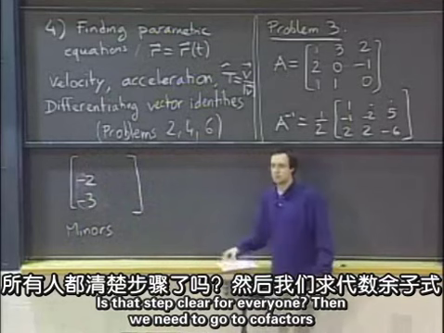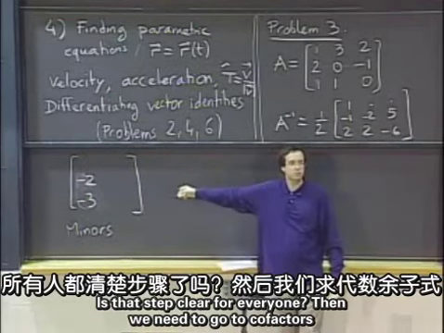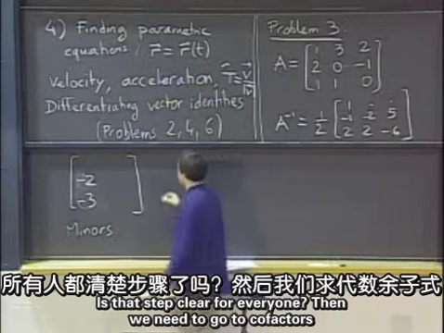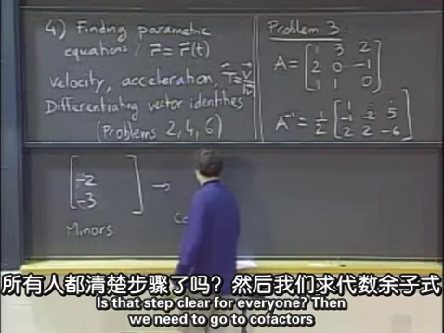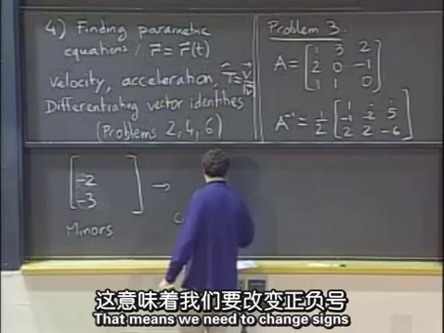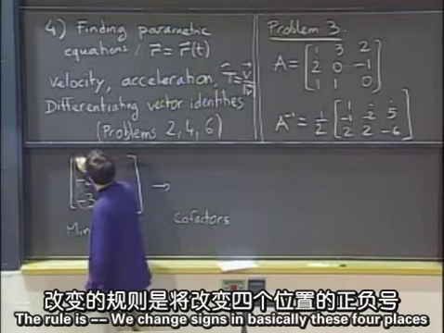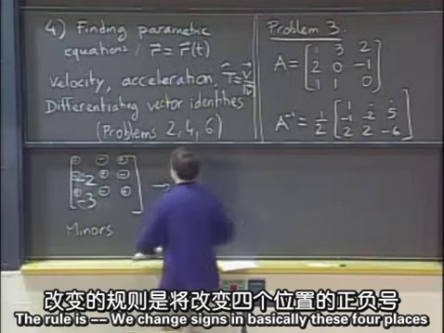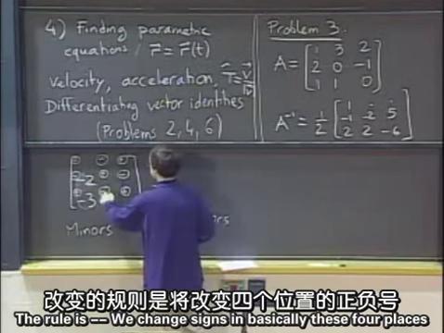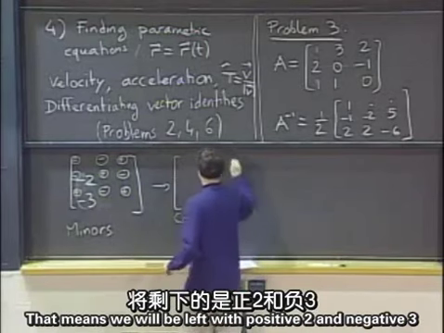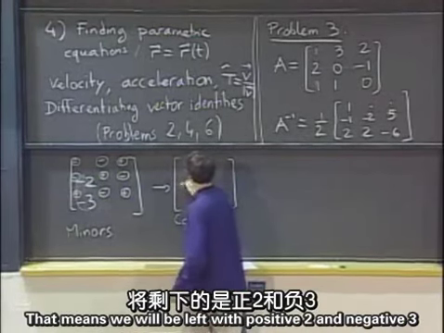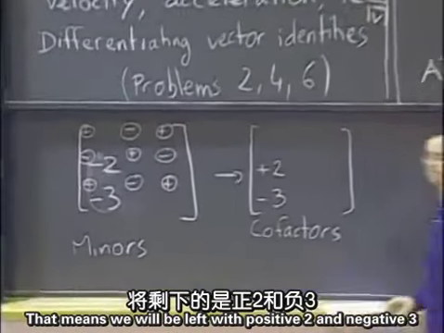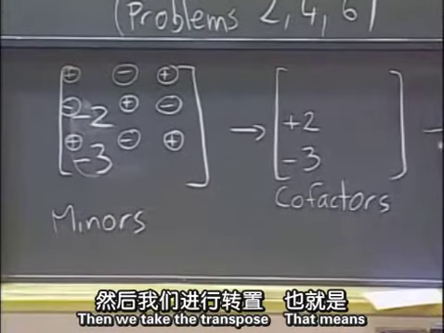Is that step clear for everyone? Good. Then we need to go to cofactors. That means we need to change signs. The rule is we change signs in basically these 4 places. So we'll be left with positive 2 and negative 3. Then we take the transpose.